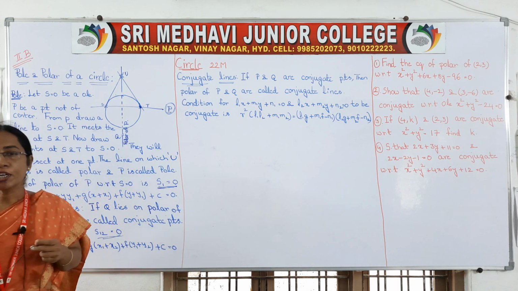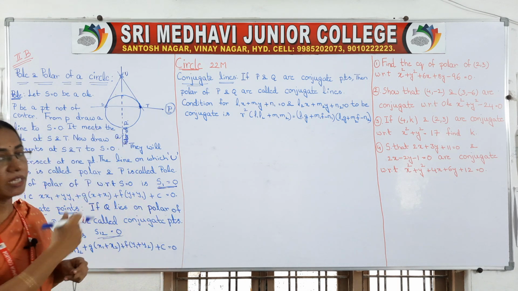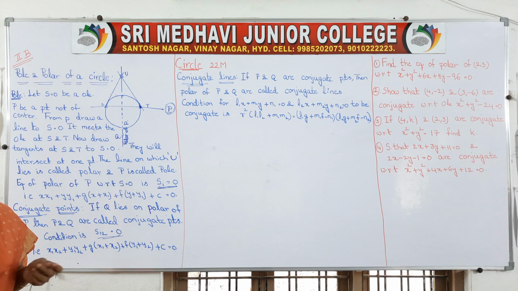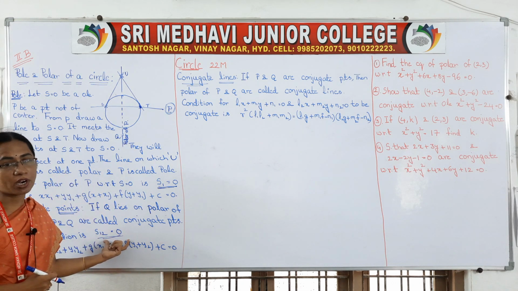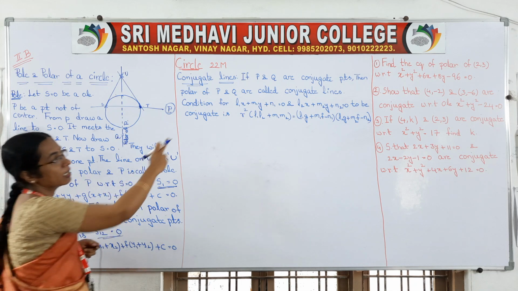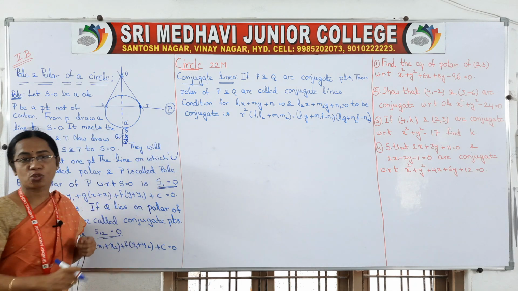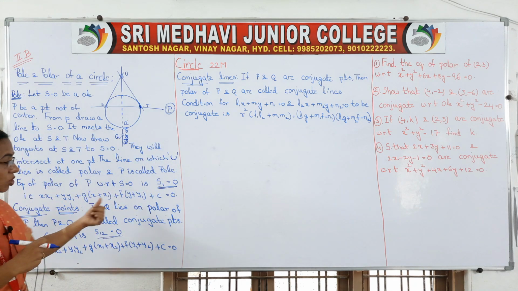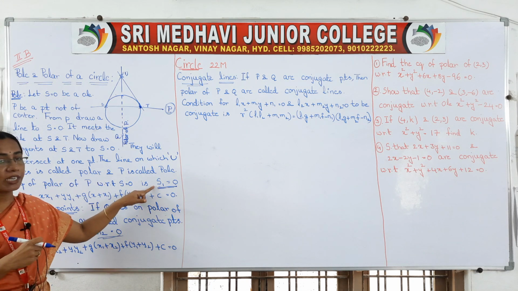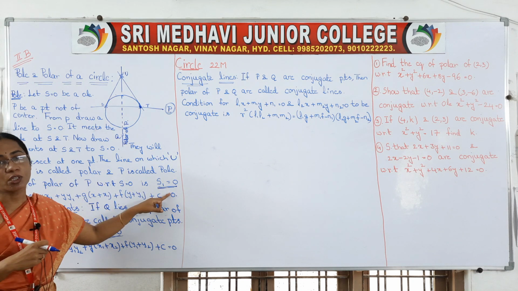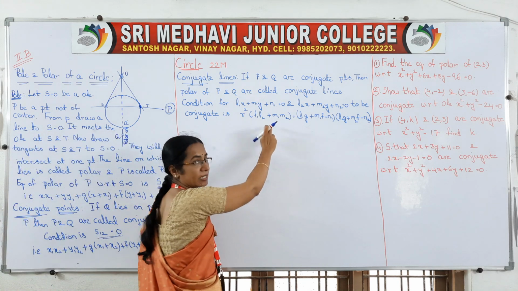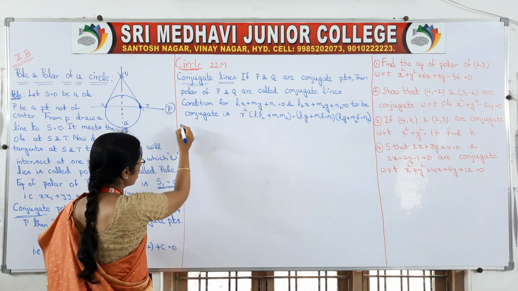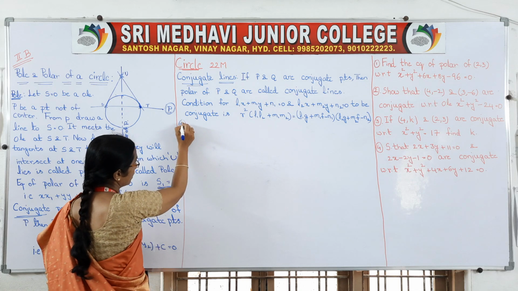So now we will do some problems based on all these three: polar equation, condition for 2 points to be conjugate, and condition for 2 lines to be conjugate. Conjugate points condition is S1 is equal to 0. Conjugate lines formula is this one. So now we will do some problems based on this.